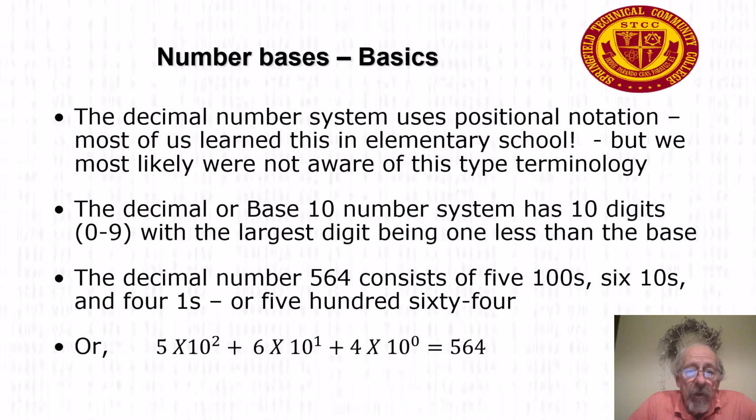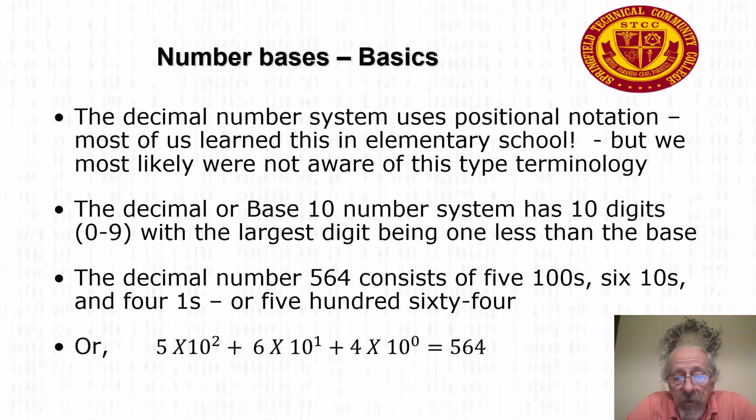Now, more basics of number systems. The decimal number system uses positional notation. Most of us learned this in elementary school, but we were most likely not aware of this type of terminology. The decimal or base 10 number system has 10 digits, 0 through 9, the largest digit being one less than the base.